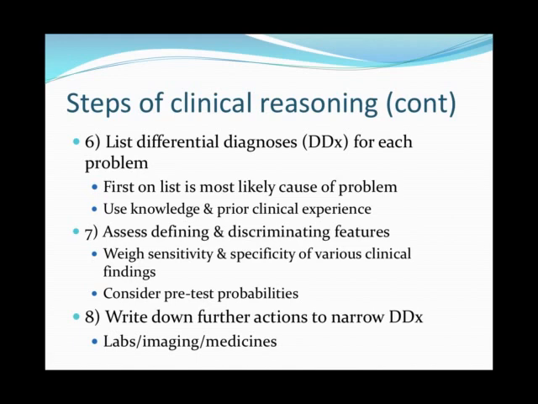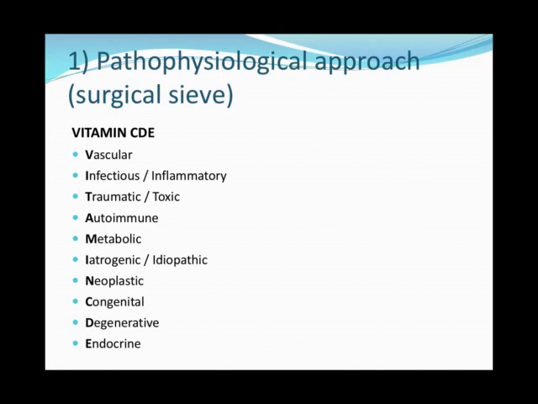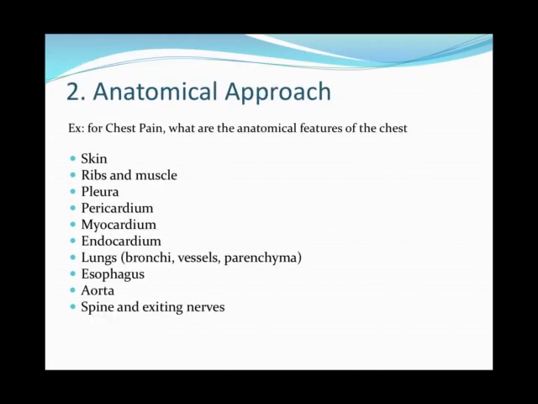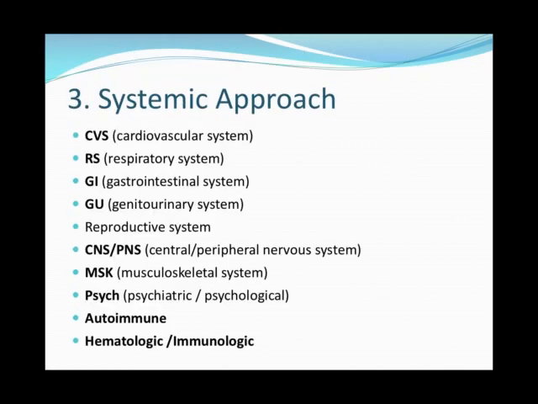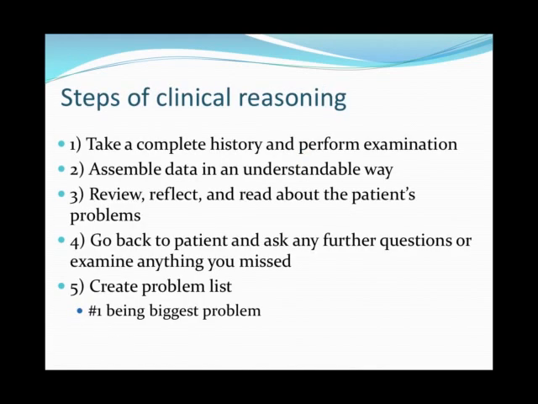And then list a differential diagnosis for each problem, with the first one on the list being the most likely cause. And we're going to be developing that differential diagnosis by using one of our other methods, like either the surgical sieve, the anatomical approach, or the systemic approach.